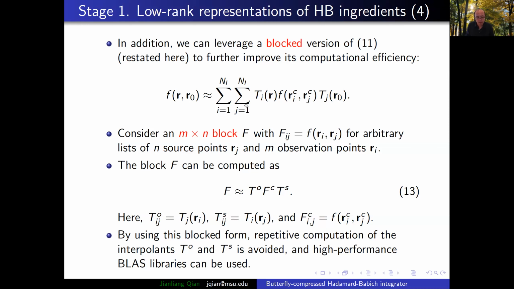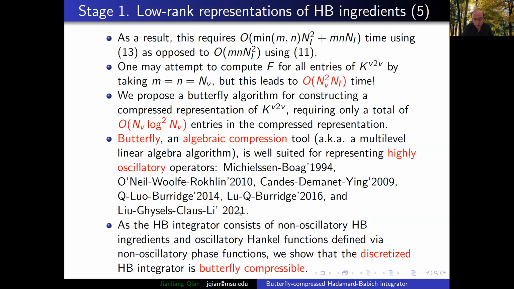This gives us a good speed up in evaluating those ingredients. However, that's still not enough for rapidly evaluating the matrix vector product in terms of the kernel matrix. So we need to do further.